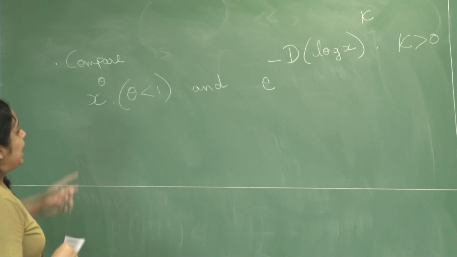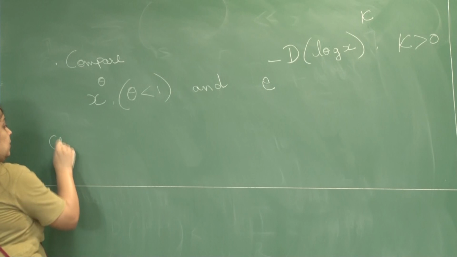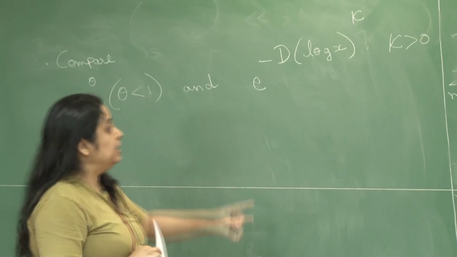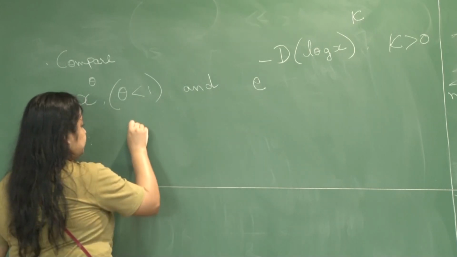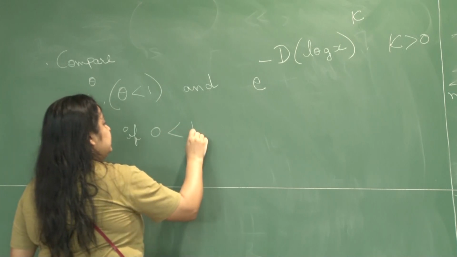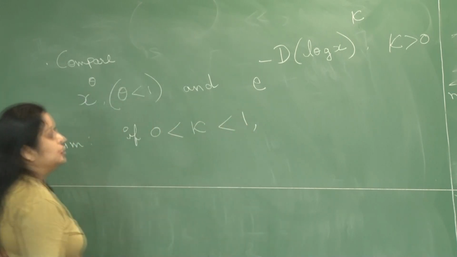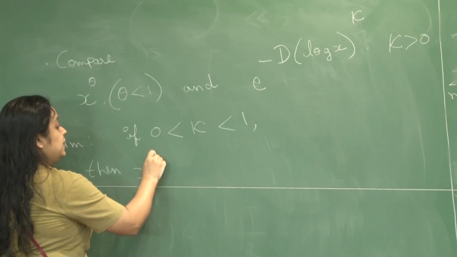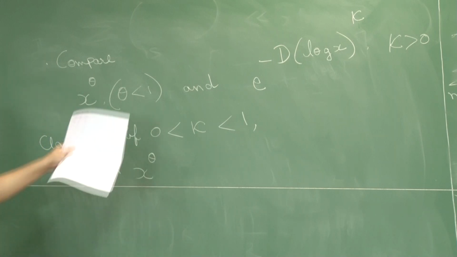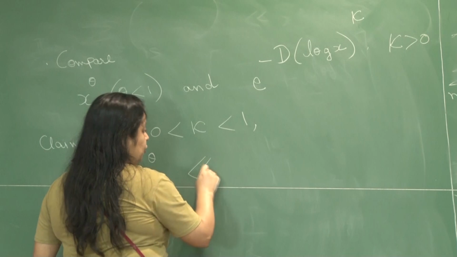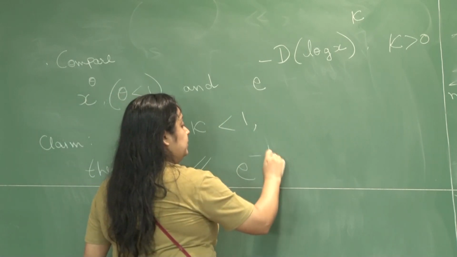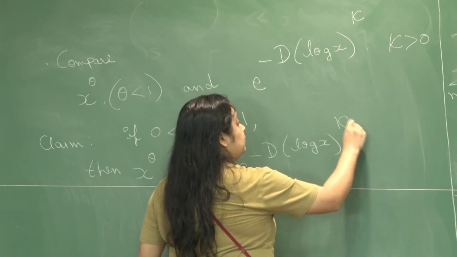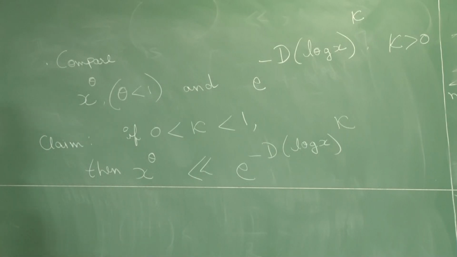Now, our claim is that from the fundamental inequality of the logarithm, it turns out that if 0 is less than kappa is less than 1, then x raised to the theta would be of a much smaller order than this. Okay. Why is this so?